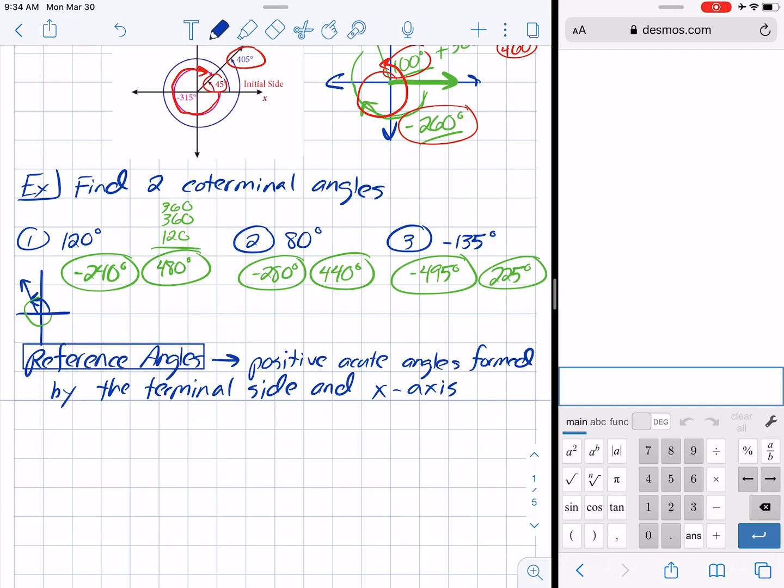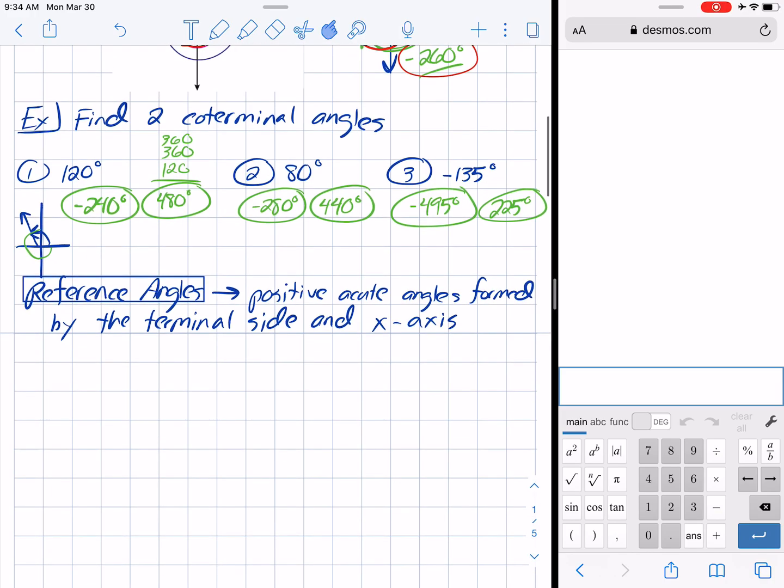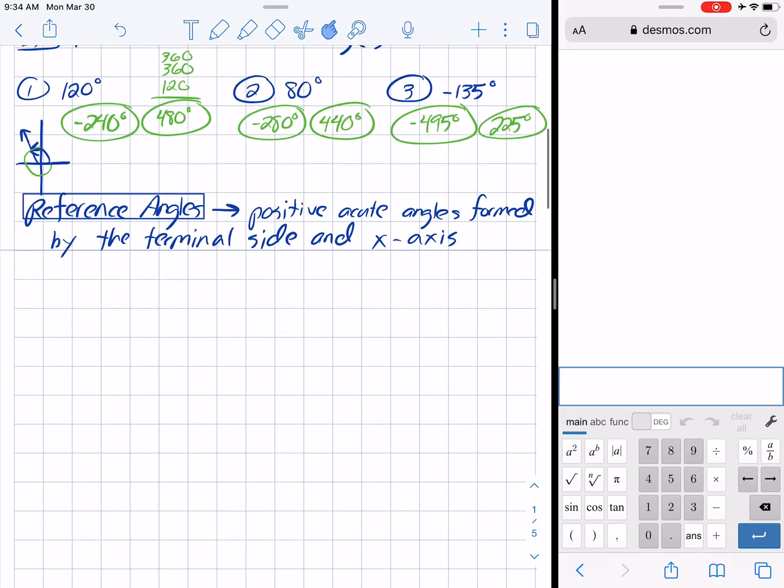Okay, reference angles are going to be really important for finding the trig ratios of any angle measure. Okay, and you'll see why in just a sec.